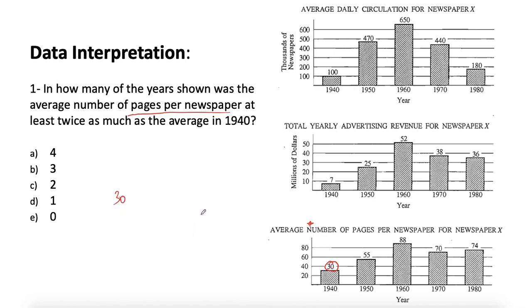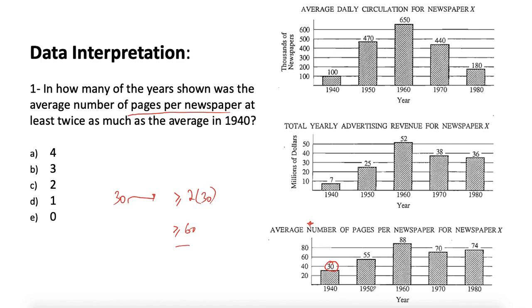The question asks which years have at least twice as much as the average, meaning greater than or equal to twice of 30. So any average value that is greater than or equal to 60 will be our required answer.